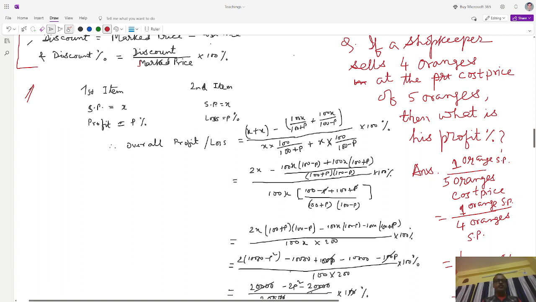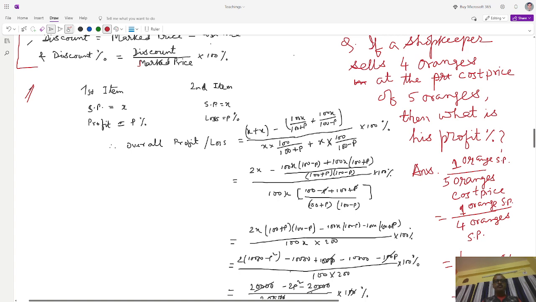So the total sales price equals X plus X, and the total cost price: here profit P%, so the cost price is 100x by 100 plus P, and here loss P%, so the cost price is 100x divided by 100 minus P. So the total cost price is that plus that.